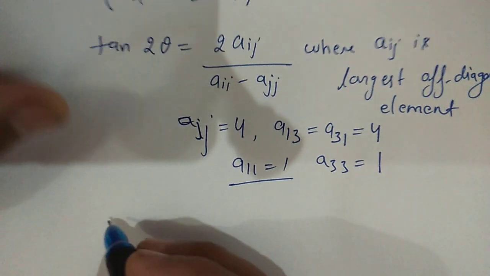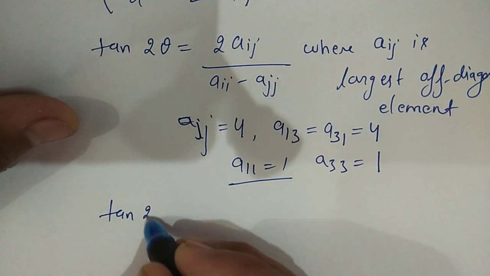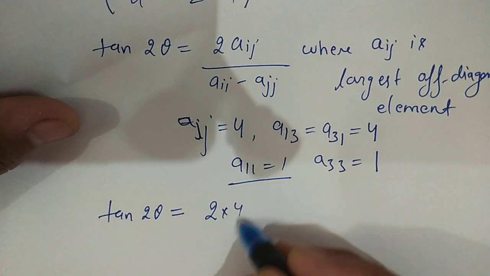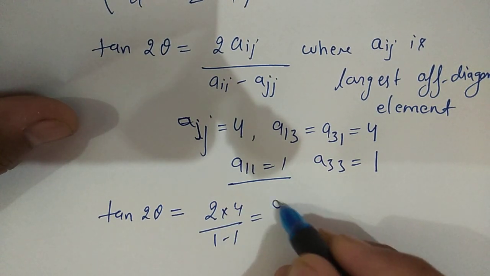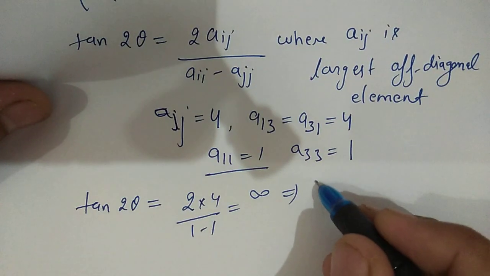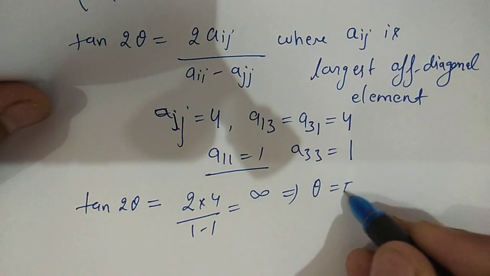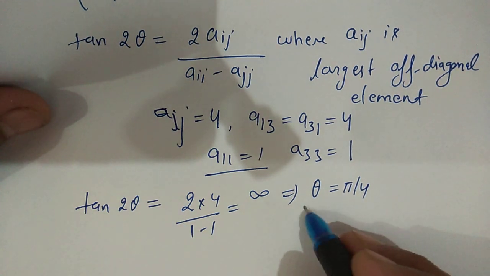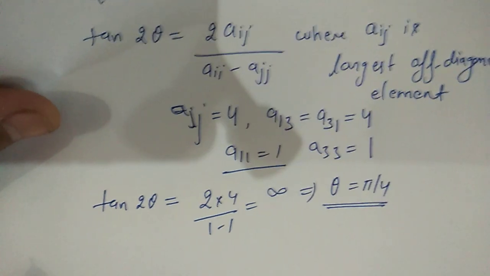So let us find the theta. tan 2 theta equal to 2 into 4 by 1 minus 1 equal to infinity, which implies 2 theta equal to pi by 2, so theta equal to pi by 4.